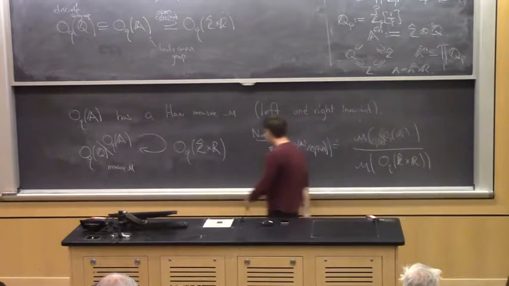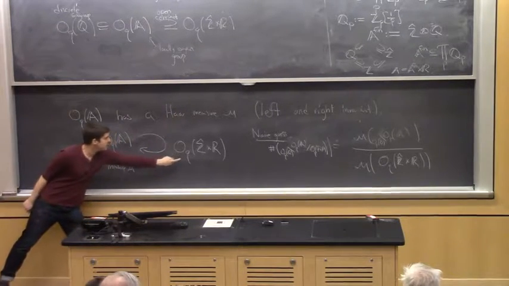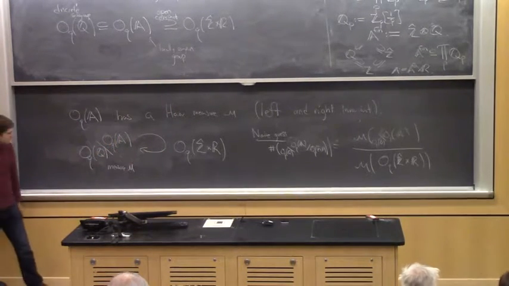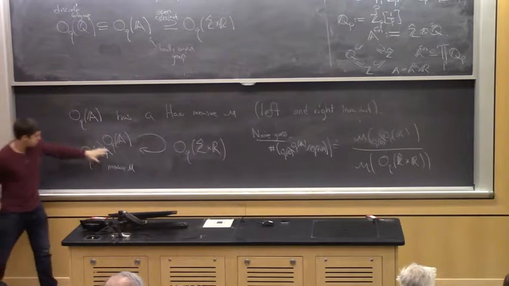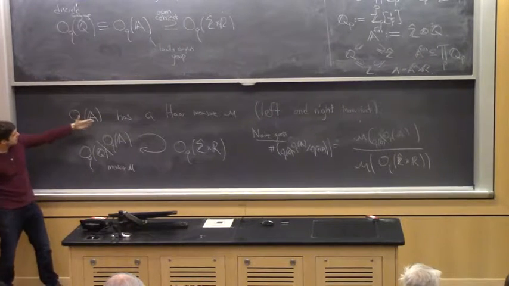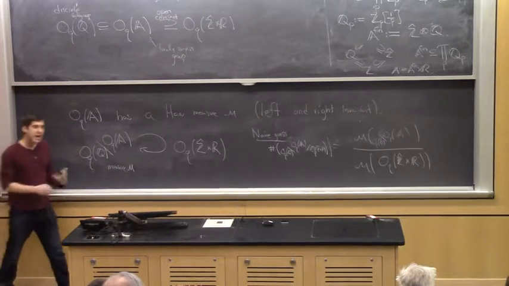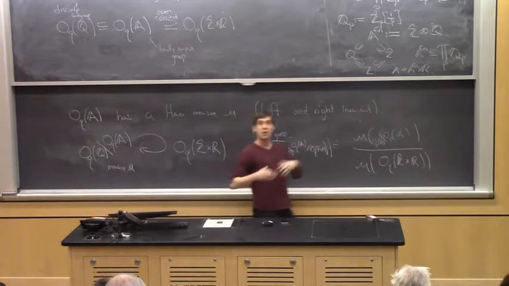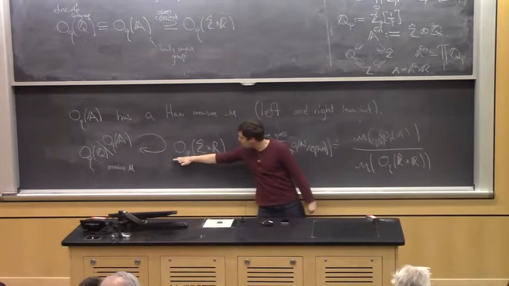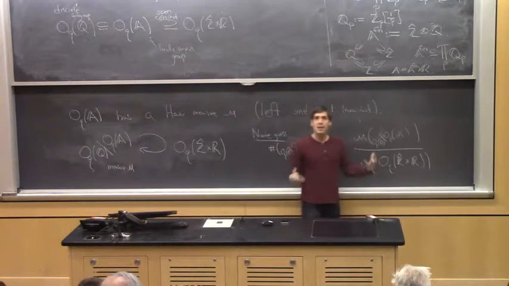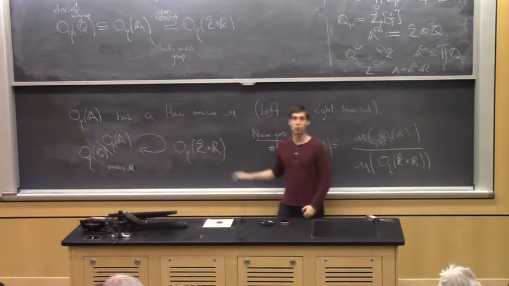So this is a naive guess, and this would be right if this group was acting freely on this collection of cosets. Let's say it this way. If you compute the measure of this quotient here, what you get is the sum over all orbits of the measure of that orbit. And the measure of each orbit is just the measure of this group that's acting divided by the size of the stabilizer group of that orbit.